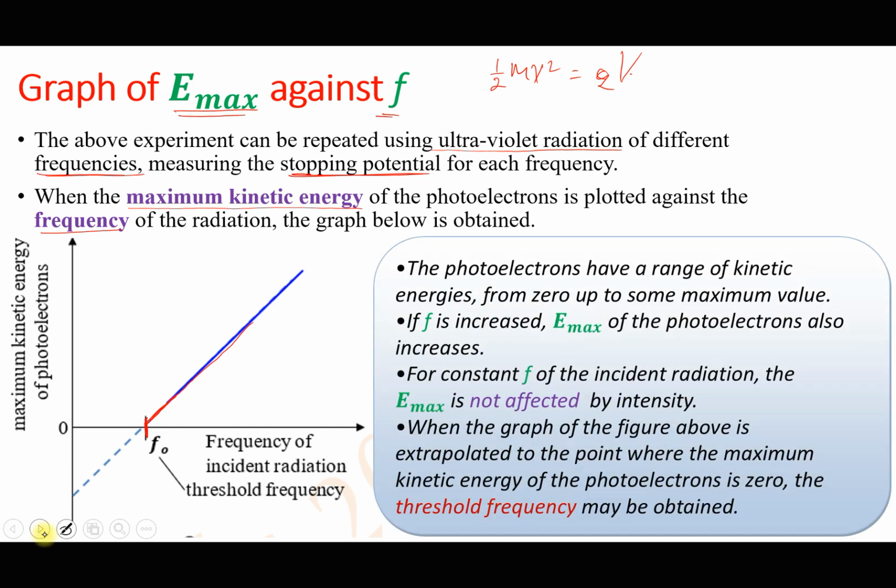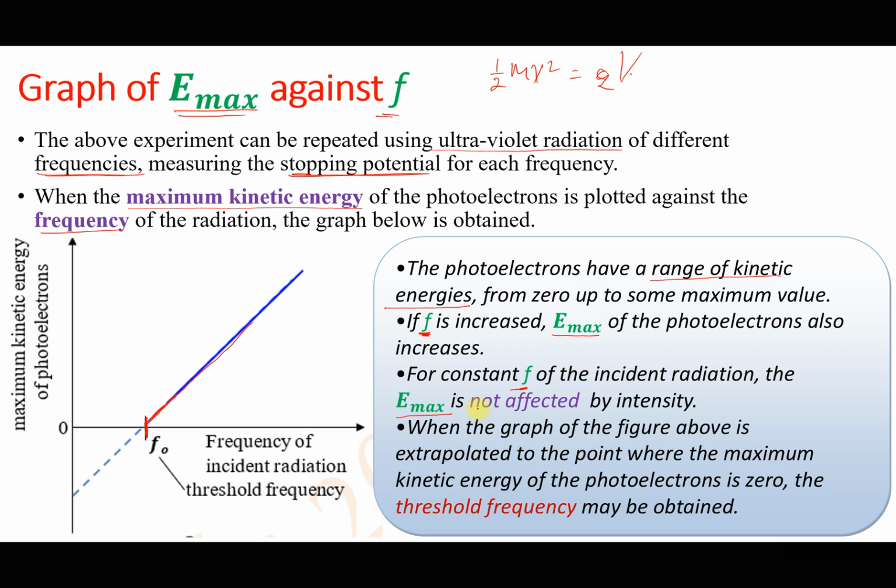Okay, so the photoelectrons have a range of kinetic energies, which I've already mentioned, that is from 0 up to some maximum value. If f, the frequency, is increased, the maximum kinetic energy of the photoelectrons also increases. For a constant f of the incident radiation, the maximum kinetic energy is not affected by the intensity, as we saw earlier on.